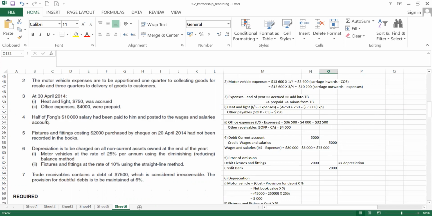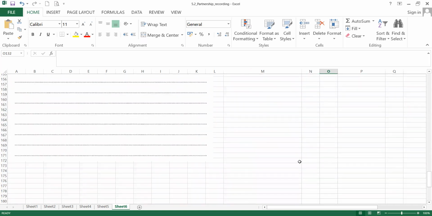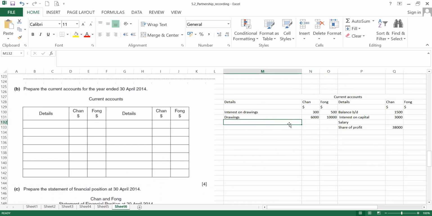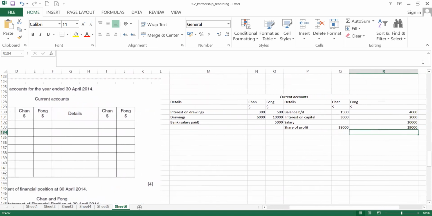This information tells us that we have to debit the current account 5,000. Here you put bank, salary paid, 5,000. I think that's all the information that we needed.